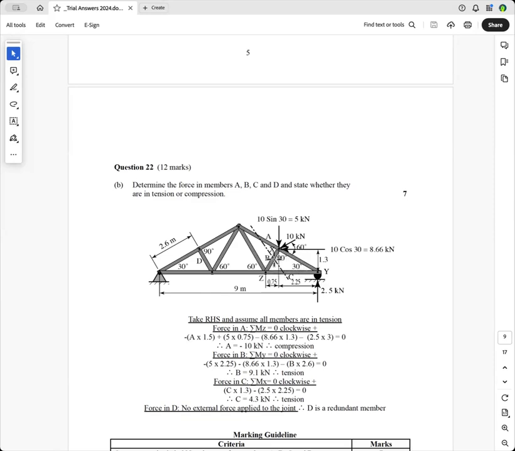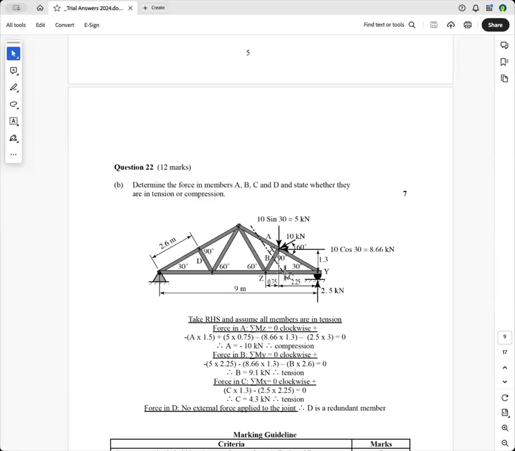We want to find the force in B. And so we've got 5 times 2.25 there, and that's going to go anti-clockwise. So it's negative, minus 8.66 times 1.3, that force times that distance there, which is 1.3.